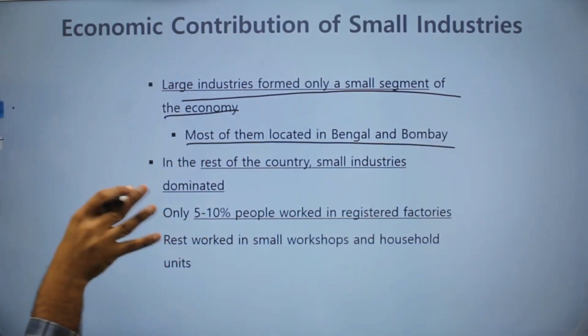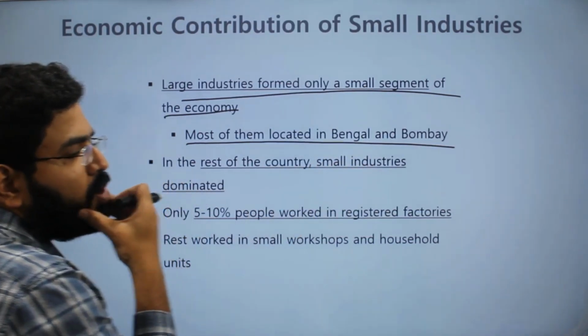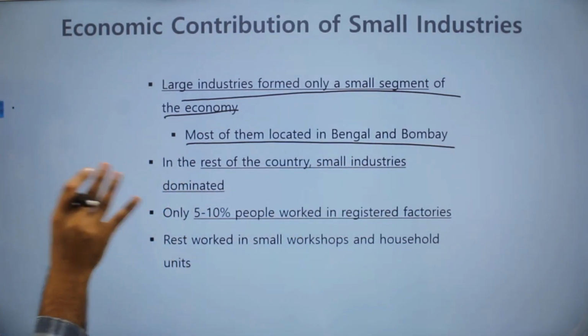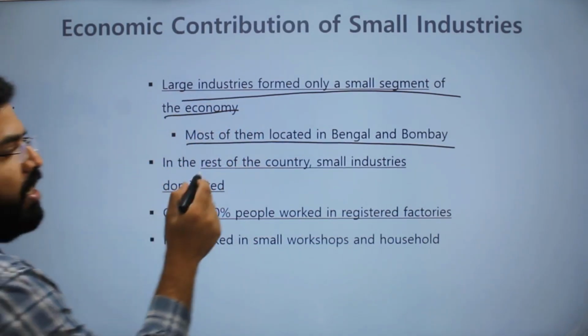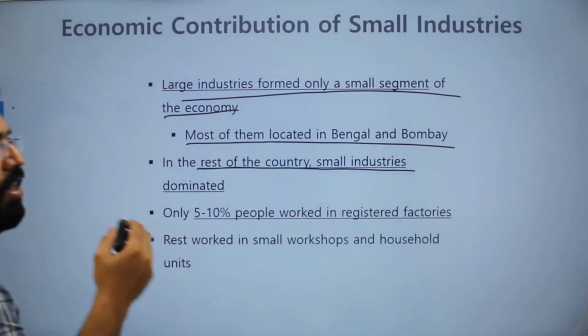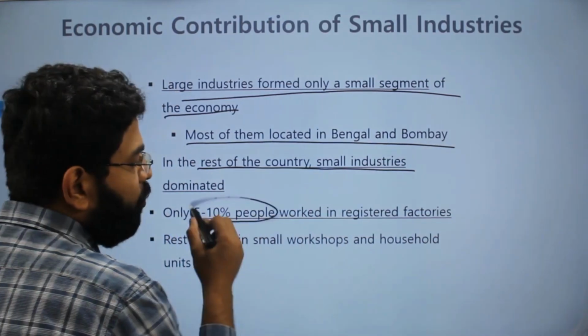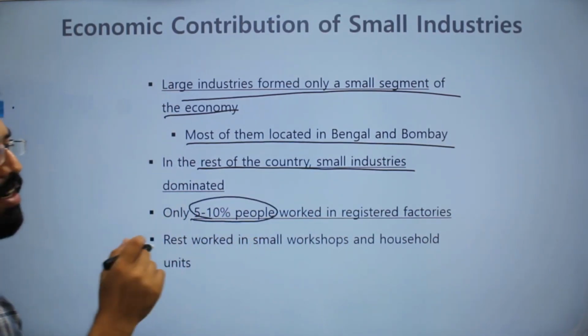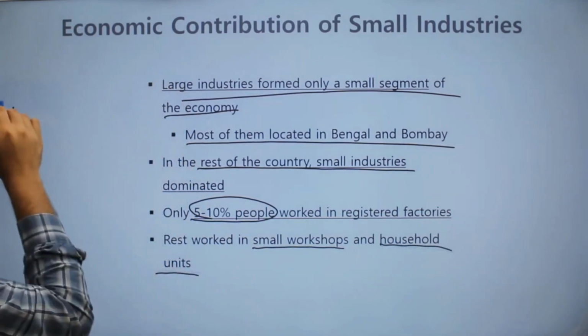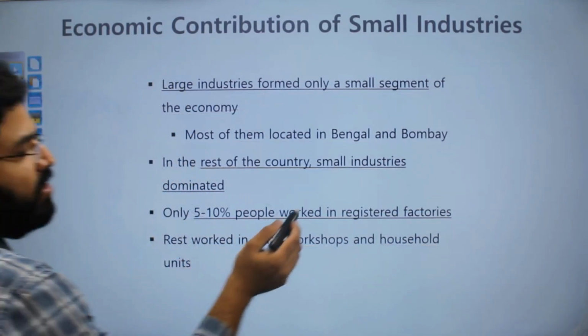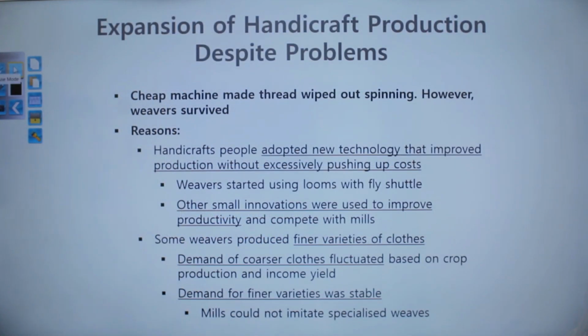In these two major centers, plus Madras also some mills had come up, but the majority of the work was in small scale industries. In the rest of the country, small industries were dominating. Only 5 to 10% of people worked in registered factories. All others were working in small workshops and household units. So the small scale industries were beginning to flourish.